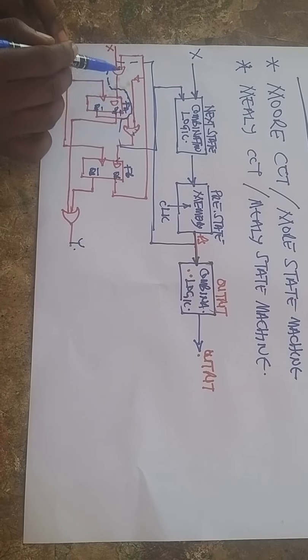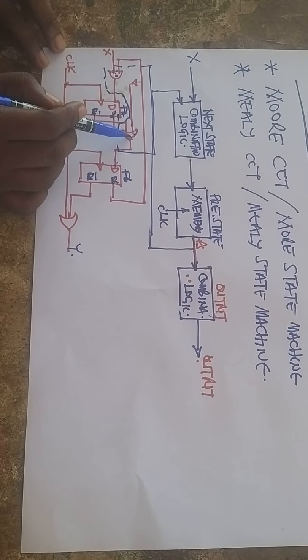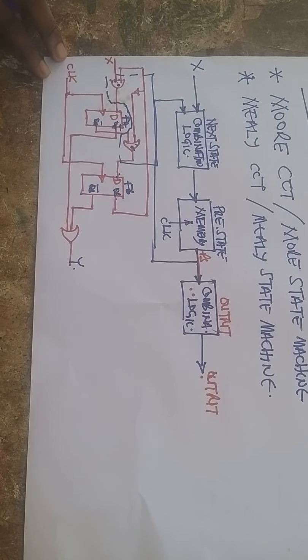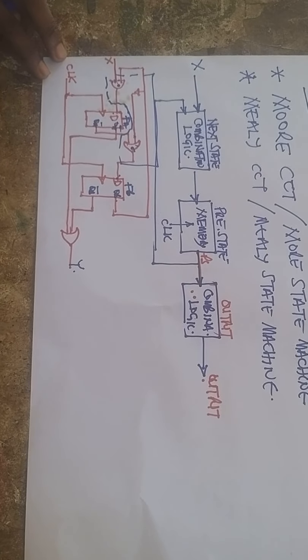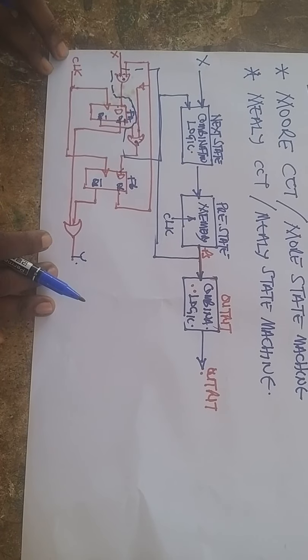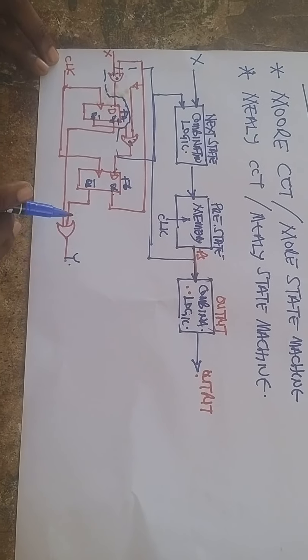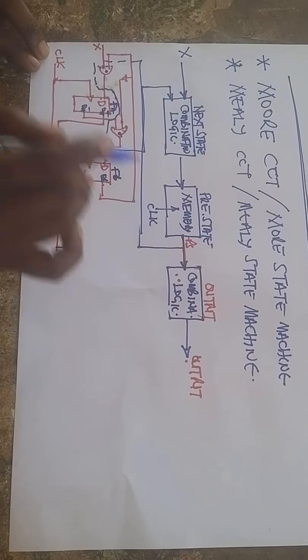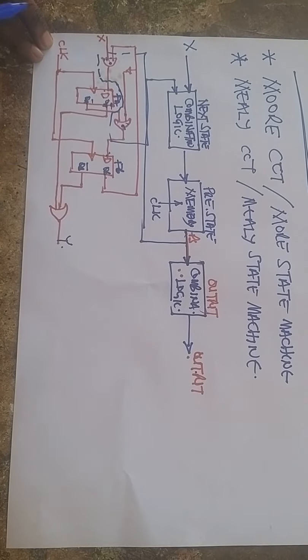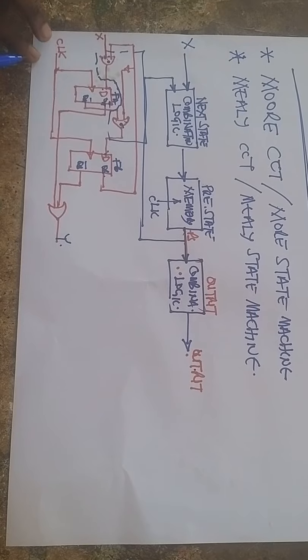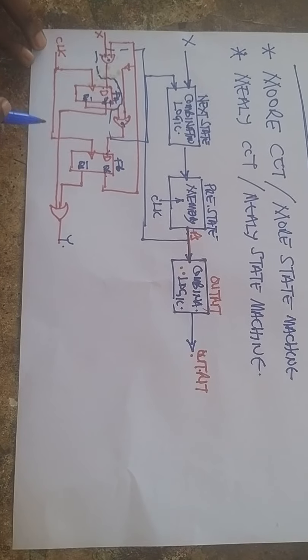So the AND gate and then the OR gate, they are the combinational logic that goes to the flip-flops. Now, when you look at the output, we said that Moore is saying that the output depends only on the present state. So let's look at something.